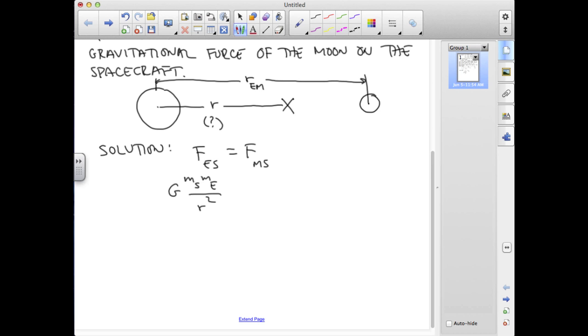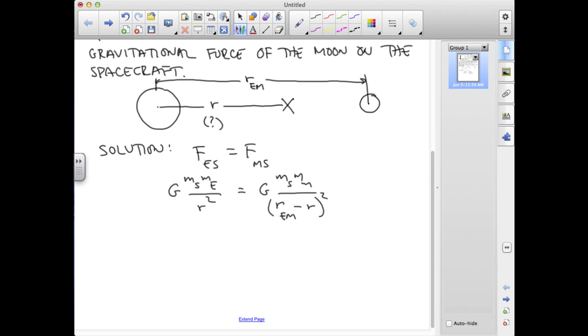This is the force between the Earth and the spacecraft, where I've let r be the distance between the Earth and the spacecraft. And that has to equal the force exerted by the Moon on the spacecraft, which I could represent this way. And now the distance between the Moon and the spacecraft is going to be the difference between the Earth-Moon distance and the Earth-satellite distance. So that's the distance between the Moon and the spacecraft.